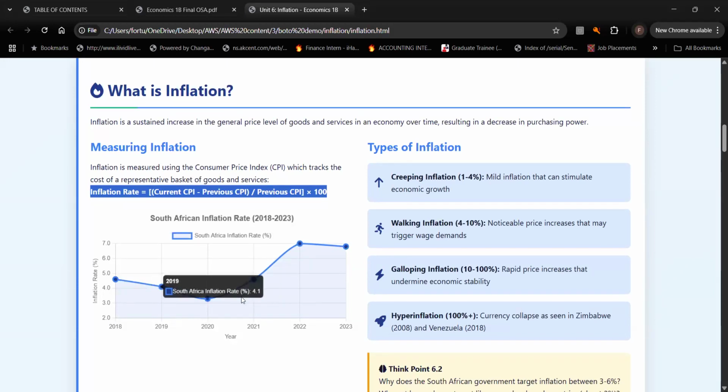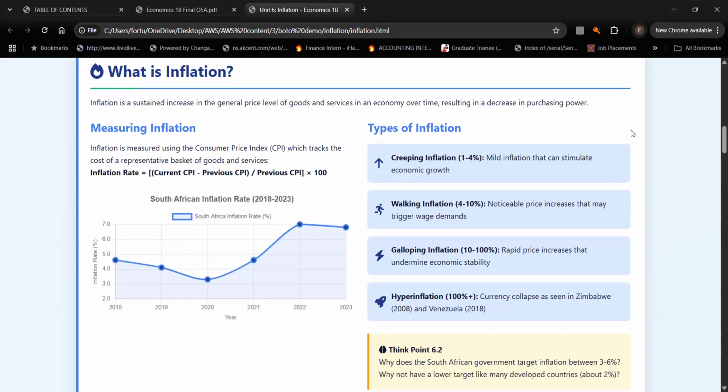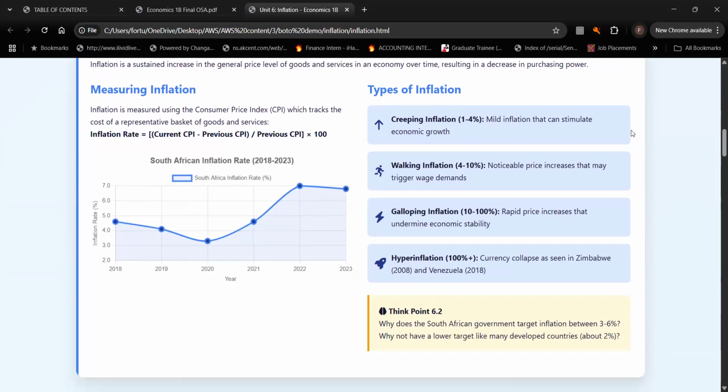Over the years, we have a graph here showing how South Africa was faring in terms of inflation from the year 2018 to 2023, where we see a slight decline from 2018 to 2020, and it grows exceedingly from 2020 going to 2022, obviously for a reason. So it becomes important for us to analyze the causes of inflation. What is it that causes inflation to take place within a particular economy, as well as looking at some of the issues surrounding it.